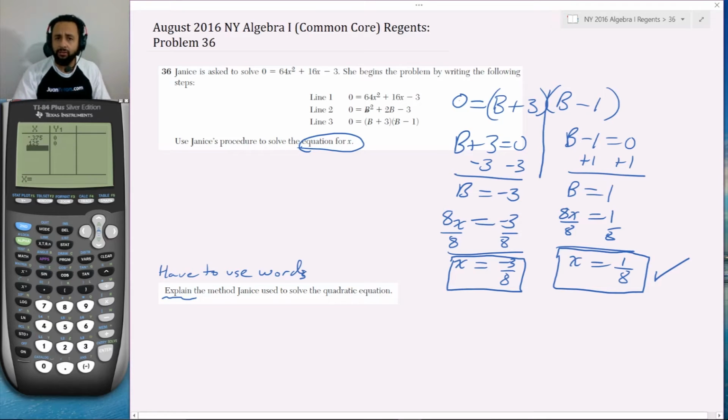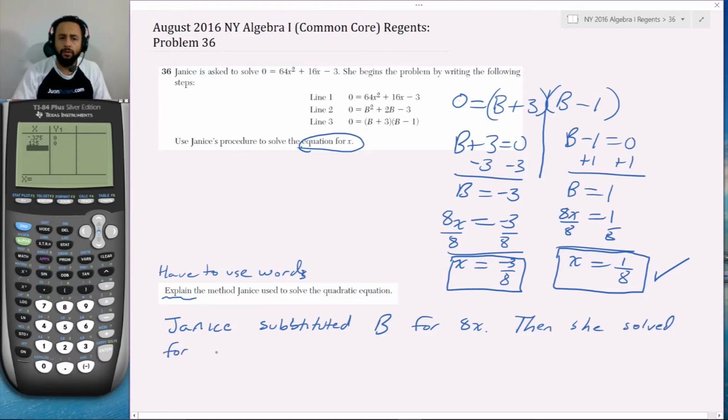Janice substituted b for 8x. Write that. That's what they're looking for. Nothing big. Janice substituted b for 8x. Then she solved for b.